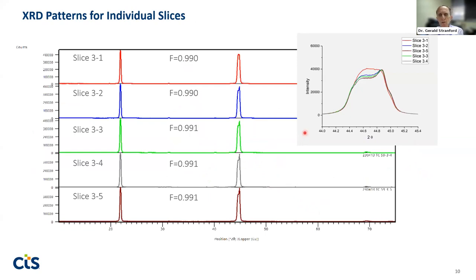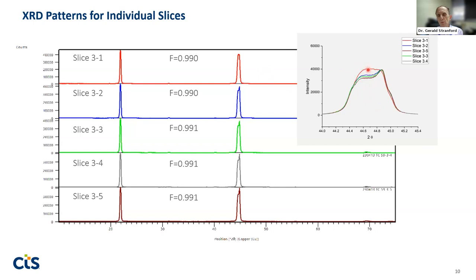But taking a little bit closer look at this 002 peak in the smaller figure, we see there's actually a little bit of tetragonality here. We're seeing 2 peaks. The one on the right would be the 200 peak, and over here would be the 002.